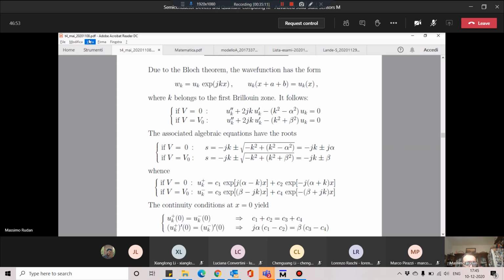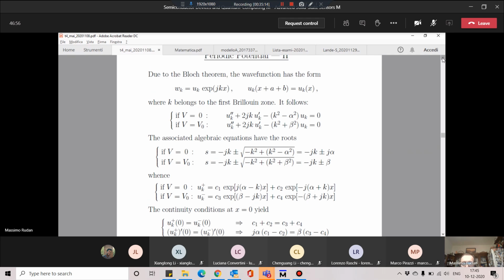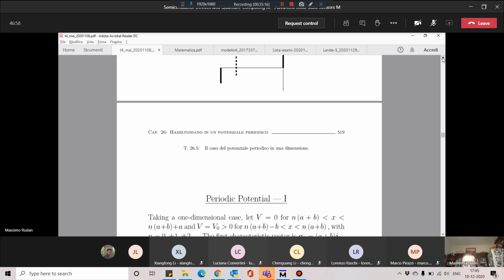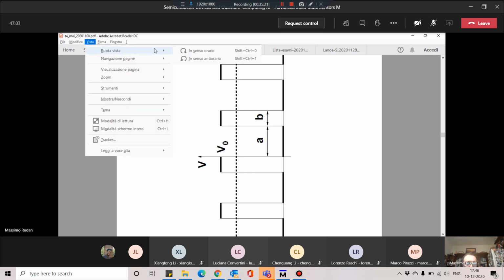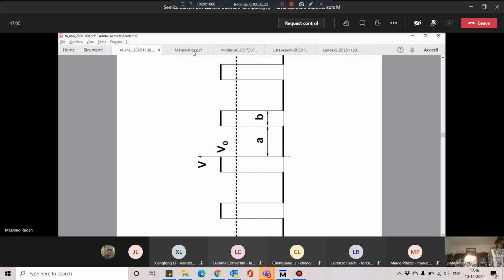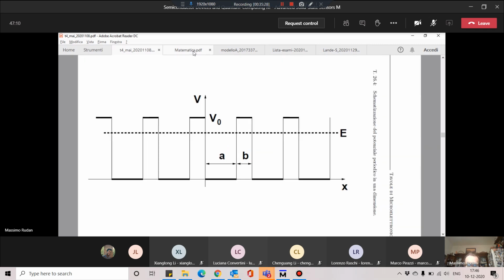I go back for a second to the figure because if you consider the figure, you see immediately that this is a succession of barriers. So at each barrier, we may have a tunnel effect. The particle may tunnel across any of these barriers, so there is a probability to find a particle on either side of each of the barriers, okay?